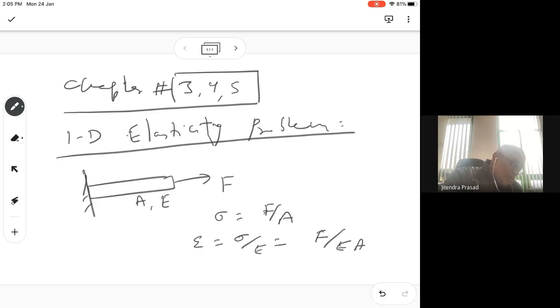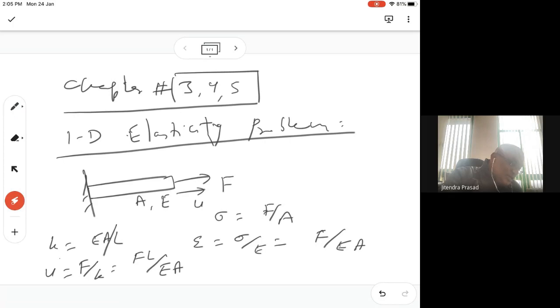If the displacement is U here, you know that K equals EA over L, and hence U will be F over K, and that gives you FL over EA, where the other end is fixed.